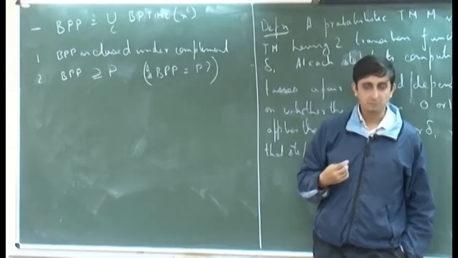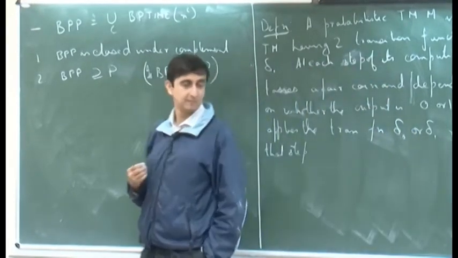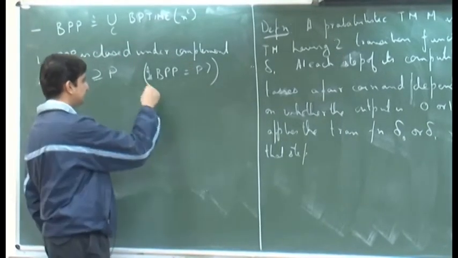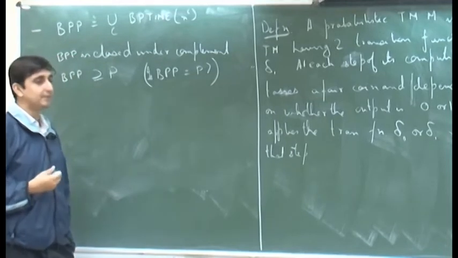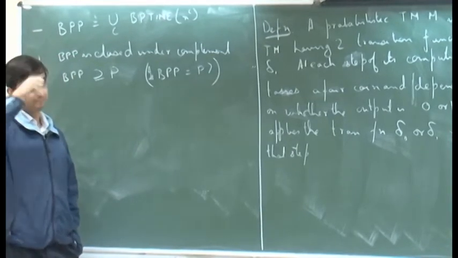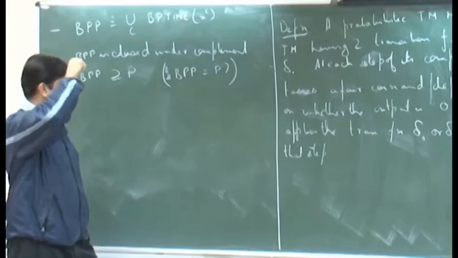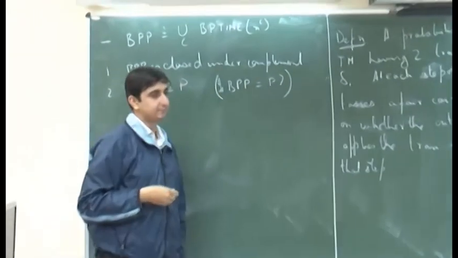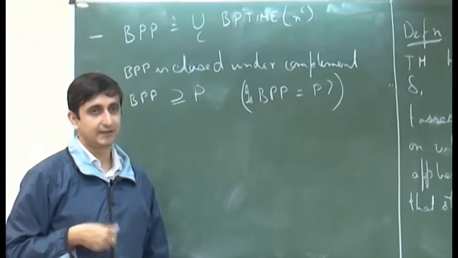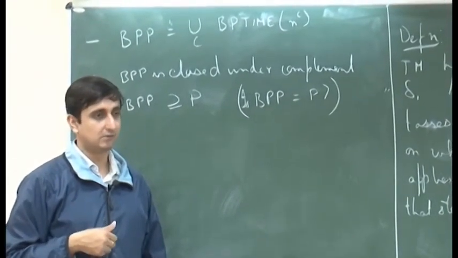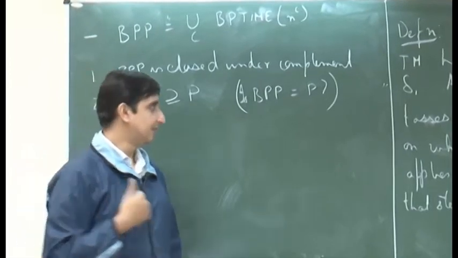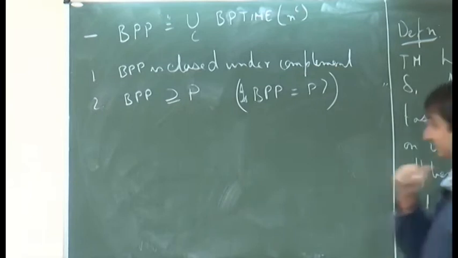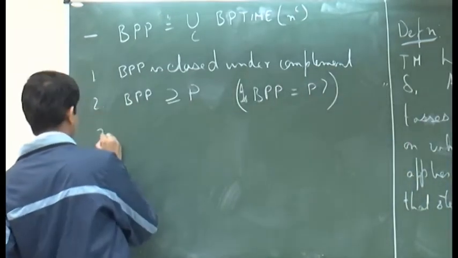But due to certain evidence that we have in the case of the class BPP, here again researchers believe that it is possible to de-randomize any probabilistic polynomial time computation that has some bounded error. So, it is believed that these two classes are the same, but this is also another open question.